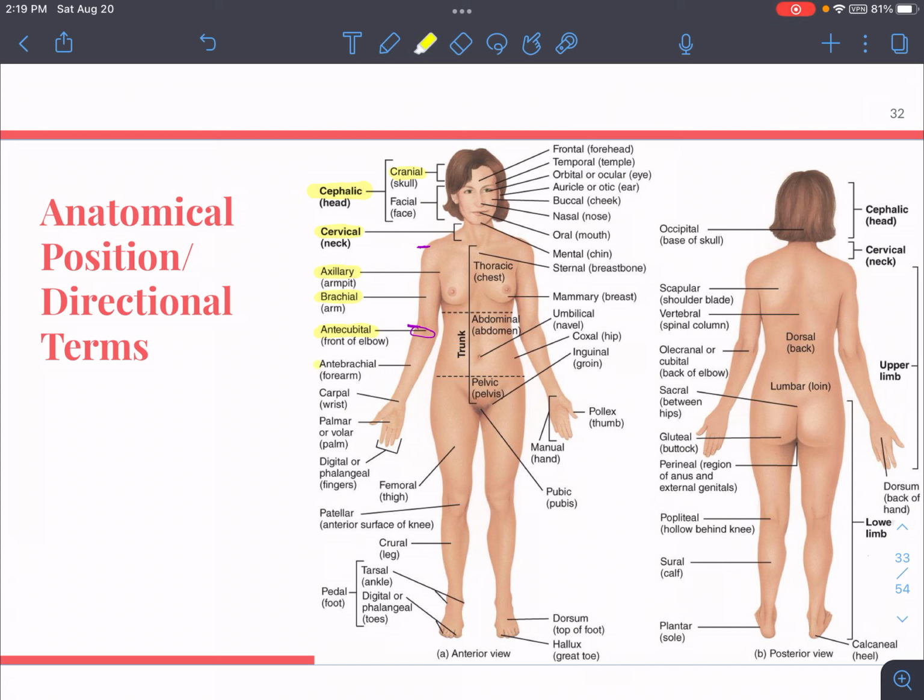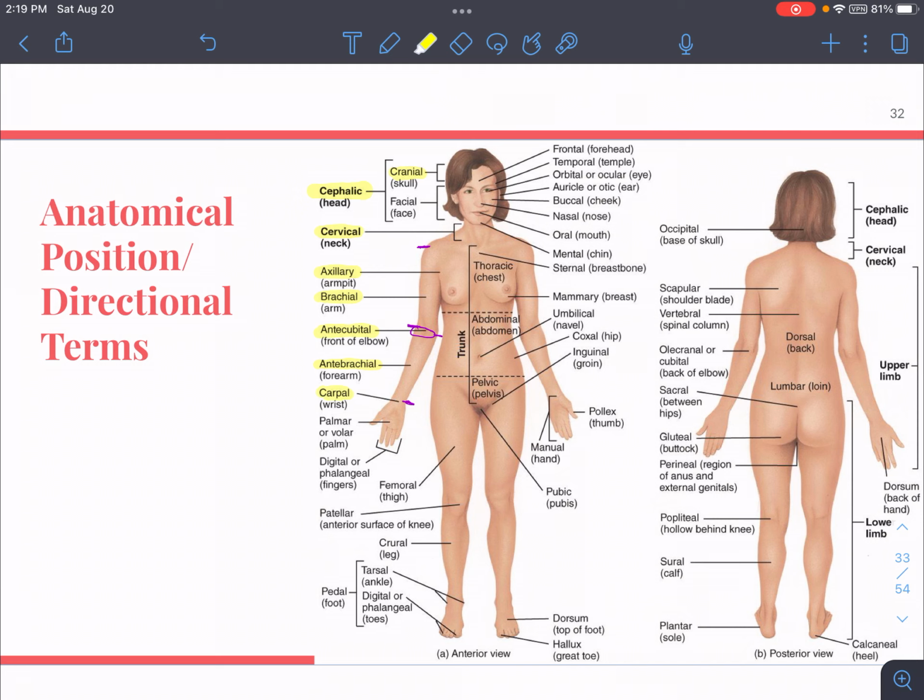We have antebrachial, or antebrachium, which is the other term for your forearm. So that's from your elbow down to your wrist, your antebrachium or antebrachial. Carpal. Carpal is the term for your wrist.